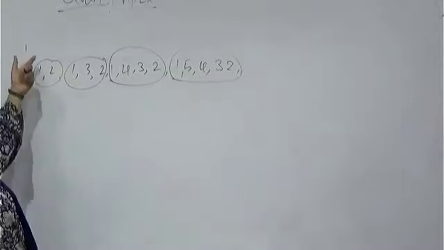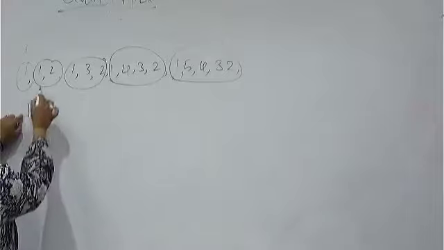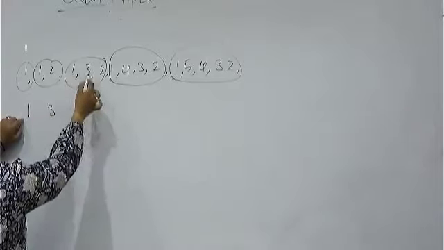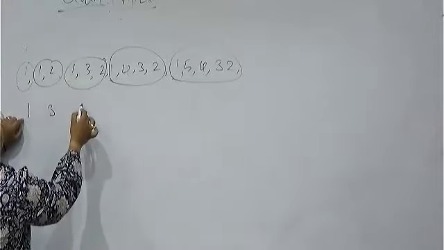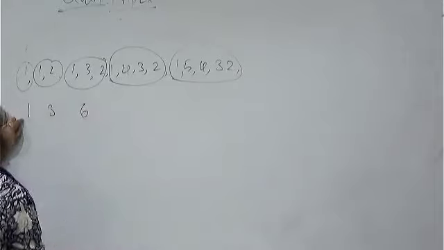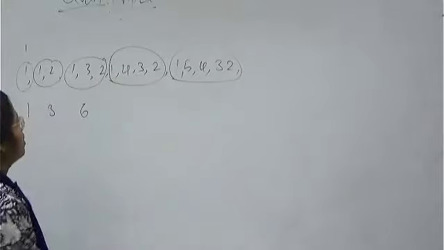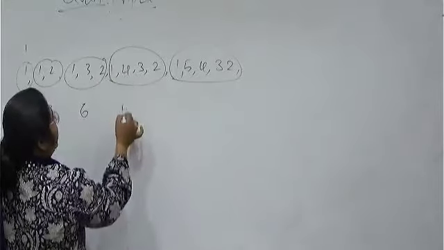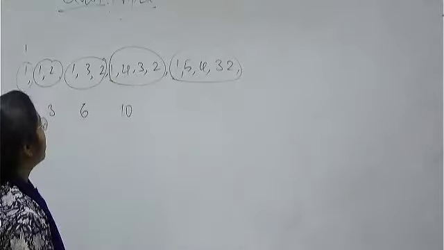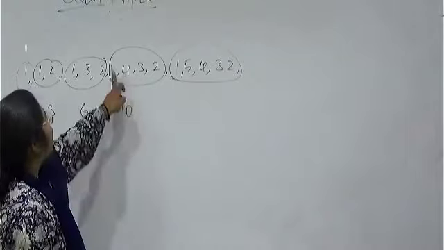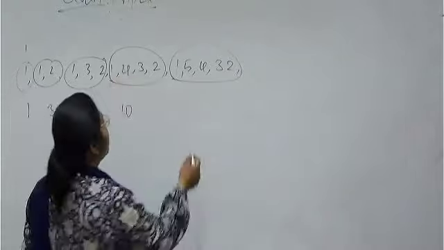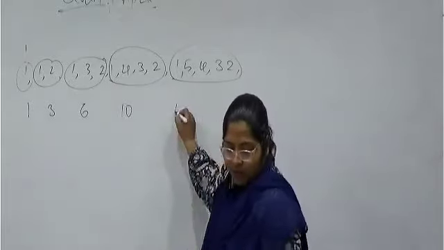What is the value of each? 1. 1 plus 2, 3. 1, 3, 2 gives 6. 1, 4, 3, 2 gives 10. 1, 5, 4, 3, 2 gives 15.